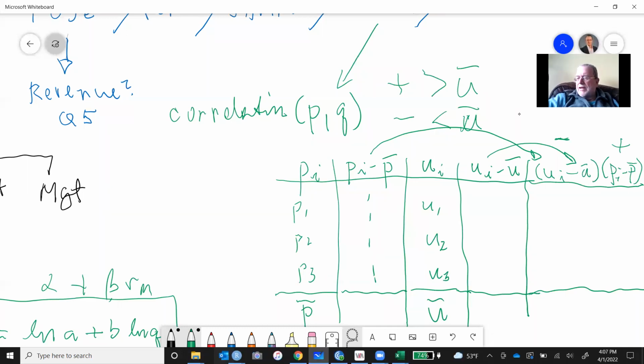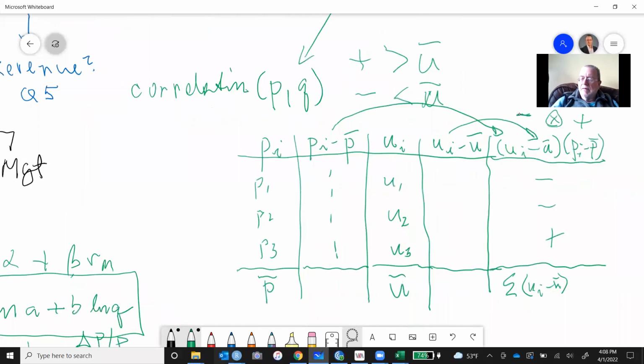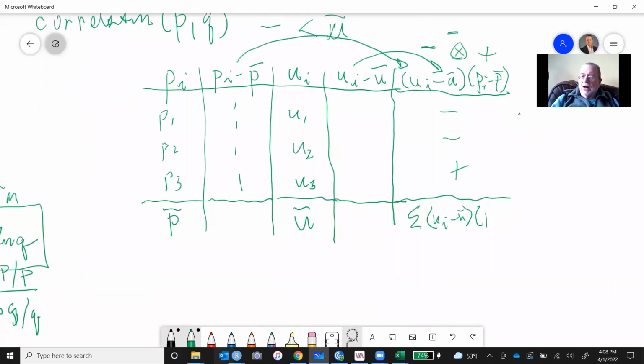We multiply those together, we will get a negative number. Now, similarly, if you have positive and positive, you get a positive number. When you add up the negative, negative, and positive deviations, what do you get? You may get a positive number or a negative number.